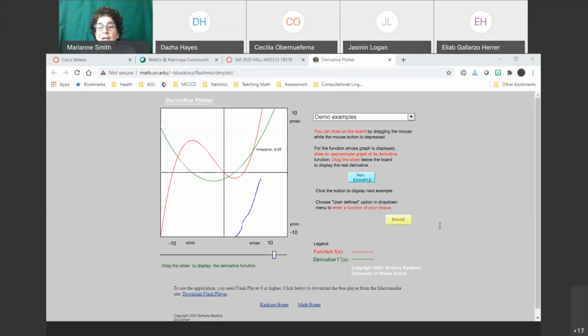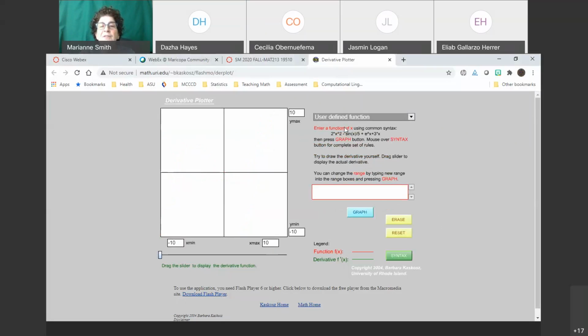Okay, let's try one more example. This time I'm going to use a custom function, and this is also to show you how this works. You click over here, user-defined function, it clears the screen. Down here, don't type y equals, just type what you're interested in. How about x squared? And then hit graph. All right, there's now my red function, it's quadratic.